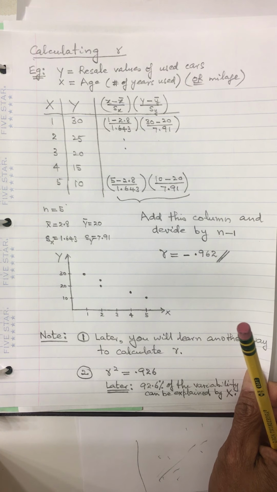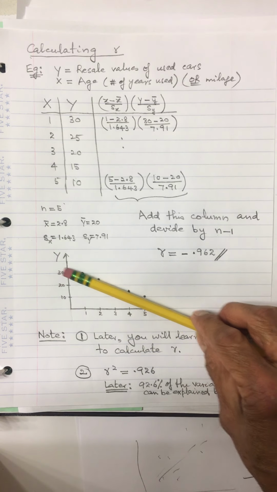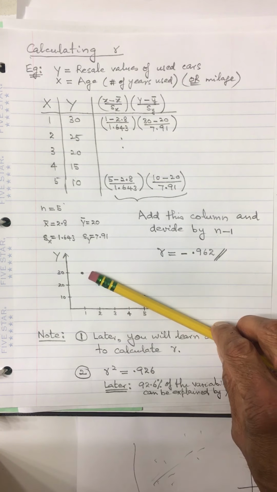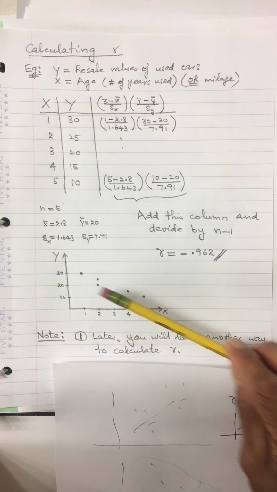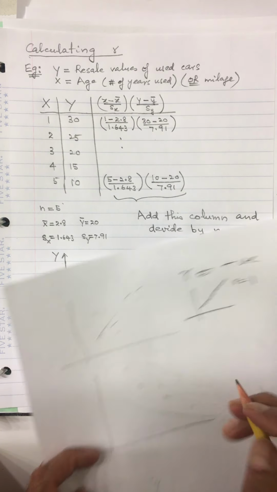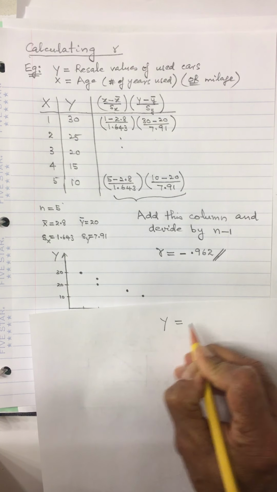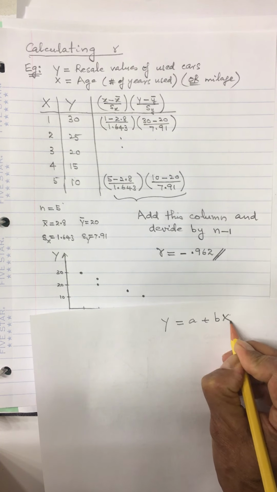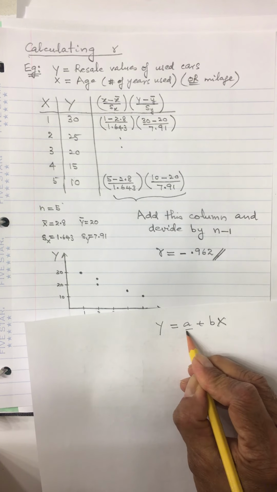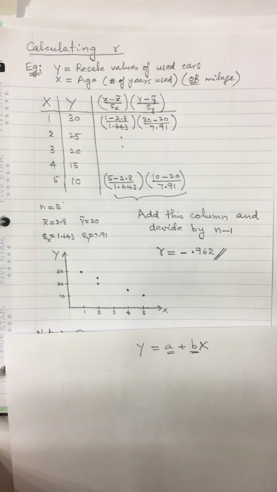All right. What we are going to get into next is this. We are going to fit a straight line for that. You already know that this is almost like a straight line. So what we are going to do is, if I have a line like that, what kind of A value and B value will be closest to this?